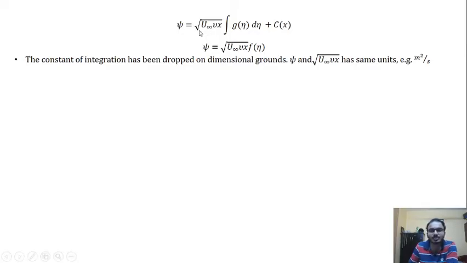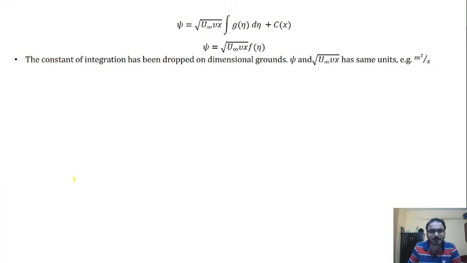So finally, taking constants out, we can get integration g of eta d eta plus c of x, and this constant term is outside. So instead of this integration plus c of x, we have put f, which is the separate thing now.